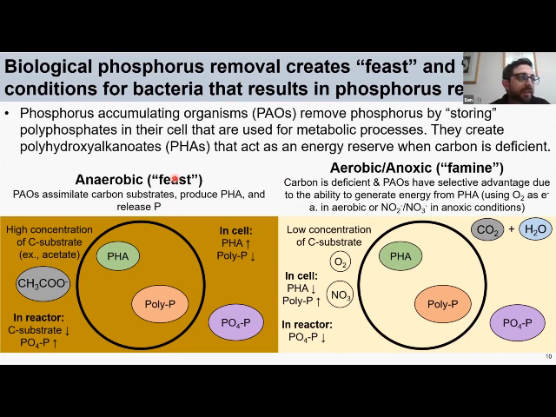So it's a way for these bacteria to have a competitive advantage over other types of bacteria, from an evolutionary standpoint. But for us, it's useful because we can cycle them through this and there's a net intake of phosphorus. So we can remove phosphorus from the water by accumulating it in these bacteria. I hope that was clear enough without making your eyes glaze over by looking at this slide.